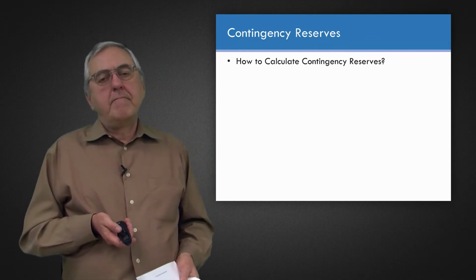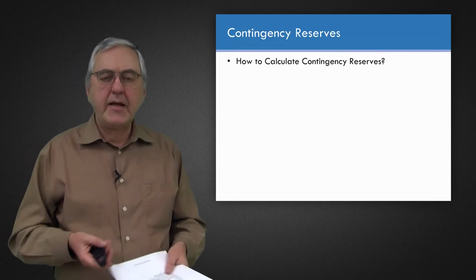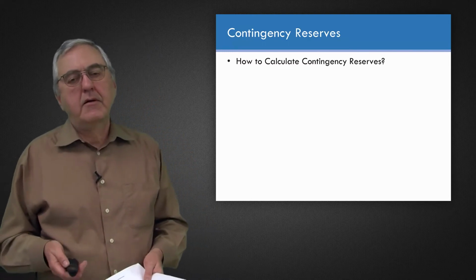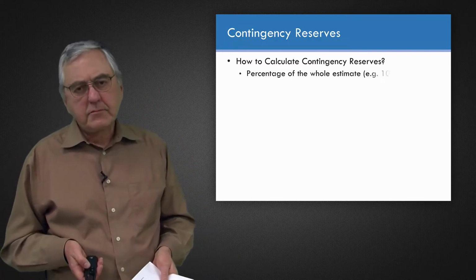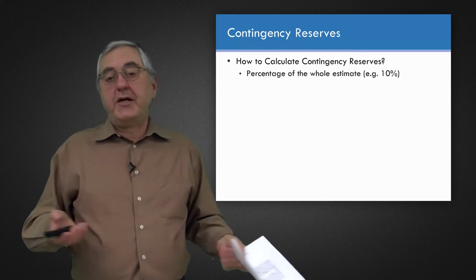Now, coming back to the contingency reserve, which you are responsible to estimate and then to manage, how do you calculate it? Well, quite a common method in most application areas is a percentage of the whole estimate.